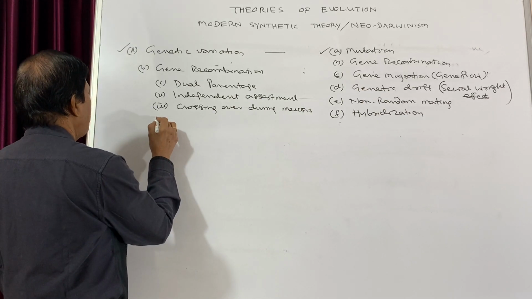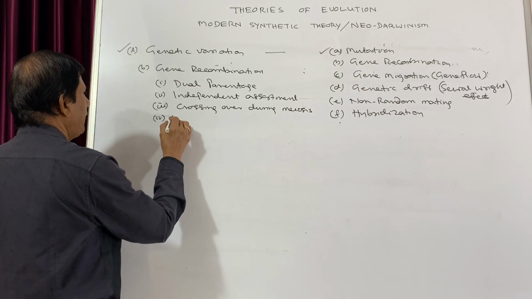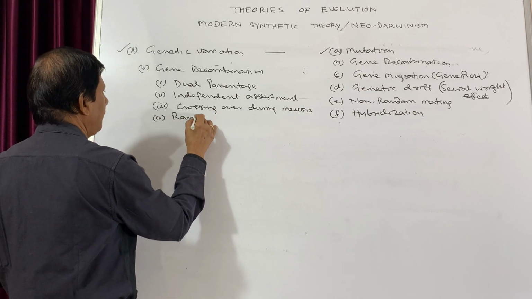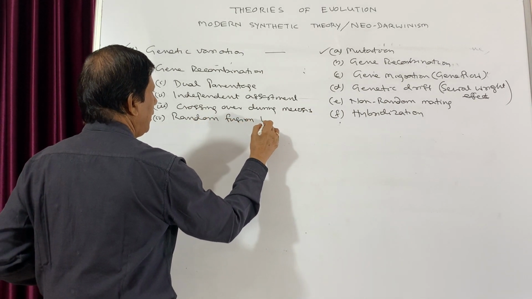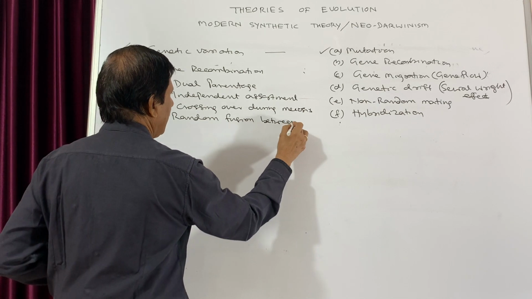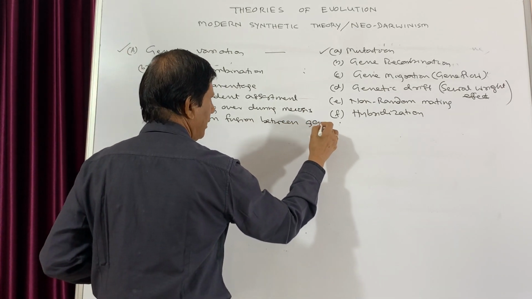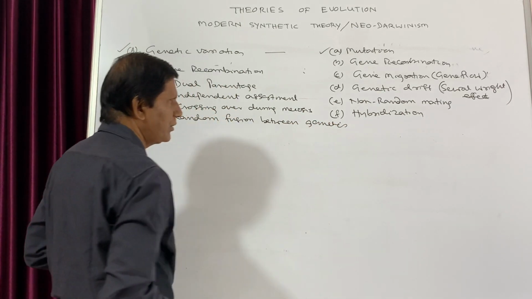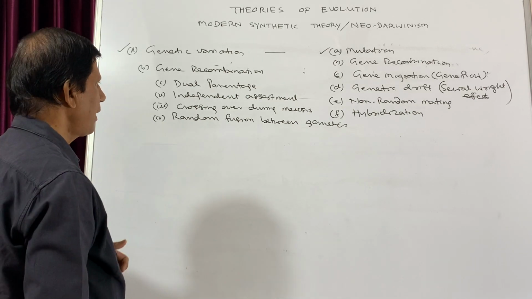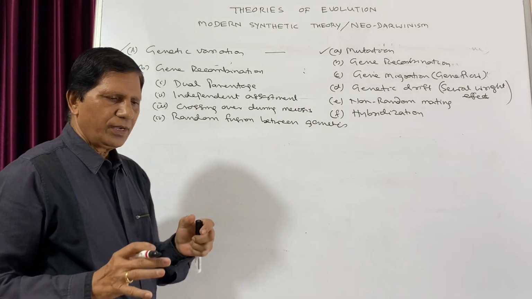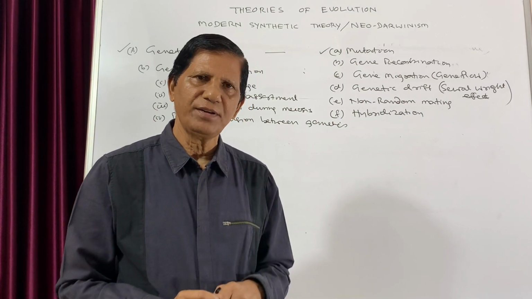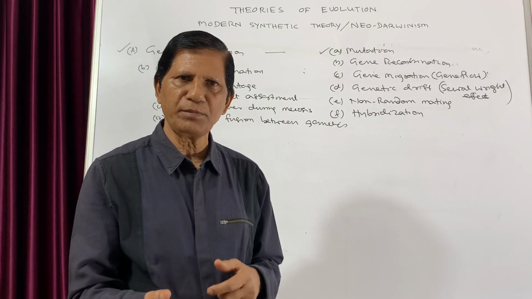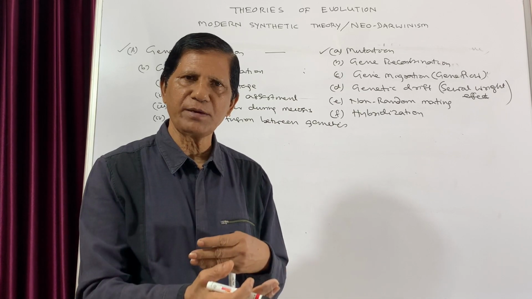Then the fourth point is random fusion between gametes. That means the different gametes which are formed, they are completely different, because either the crossing over has taken place, independent assortment of genes have taken place.